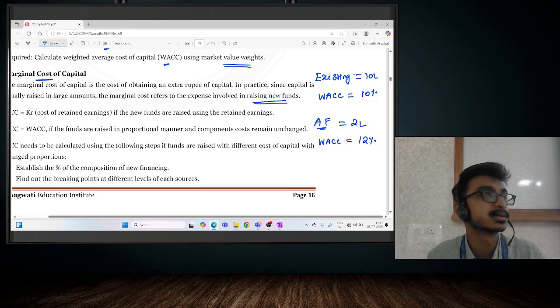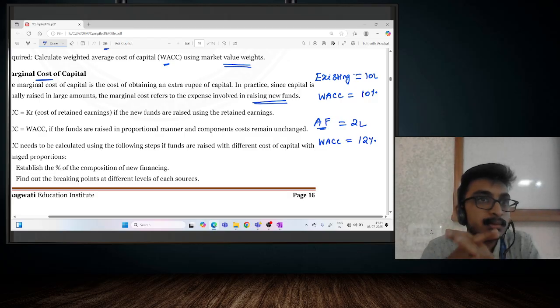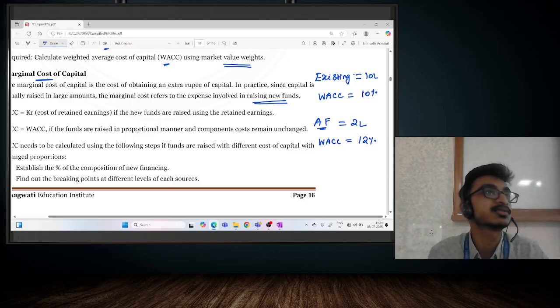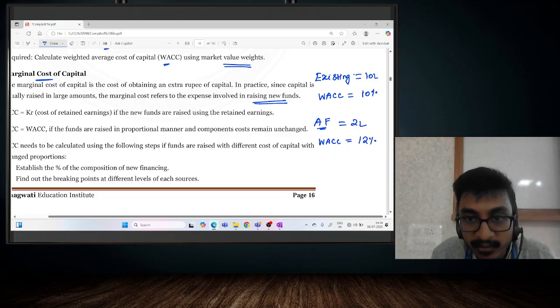Now what is the marginal cost of capital? Is it 2% or 12%? It is 12% because marginal cost of capital is nothing but the cost of raising new funds.